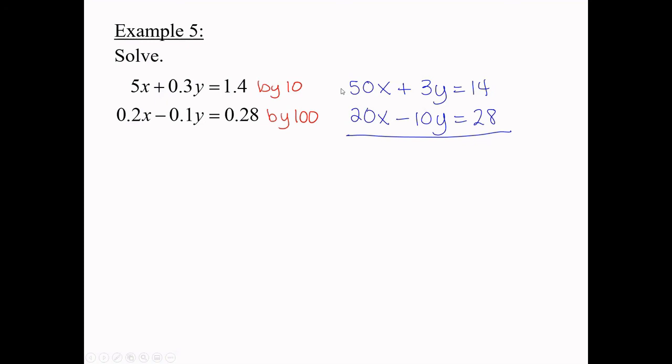Well, I can multiply this by maybe a -2 and a +5, or I can multiply this by 10 and by 3. So we're going to multiply that one by 2. In other words, we're going to choose to eliminate the x's.